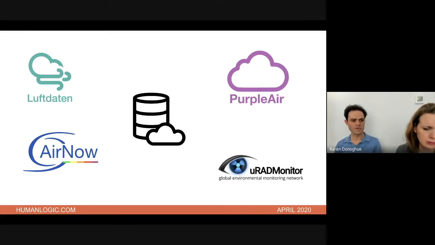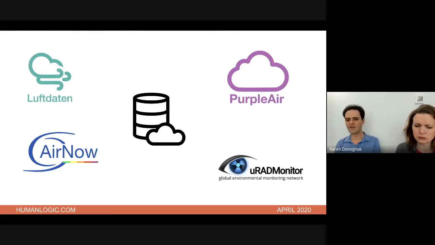So we have Luftdaten, which is sponsored by the European community, very much a community-based system. We have other systems such as Purple Air and URAD Monitor, which are cloud services run by vendors that make air quality meters for consumer and sometimes industrial use.